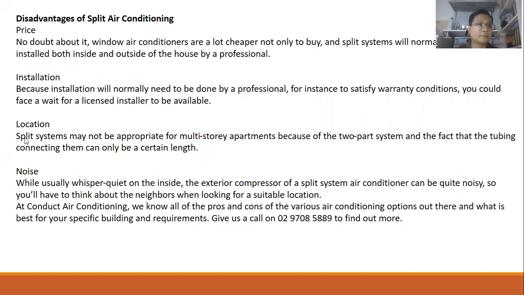Location. A split system may not be appropriate for a multi-story apartment because of the two-part system and the fact that the tubing connecting them can only be a certain length.